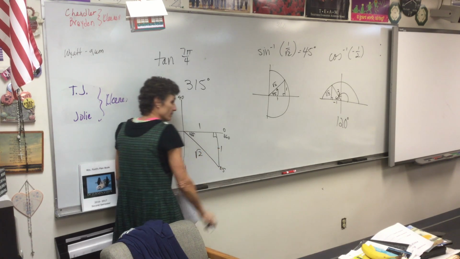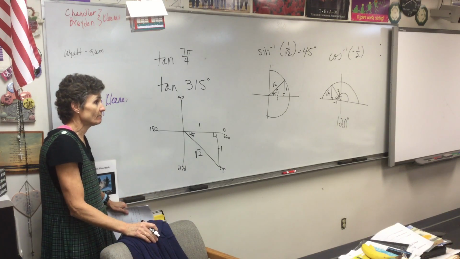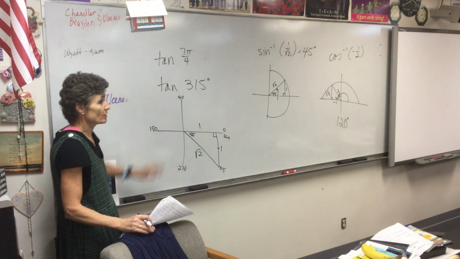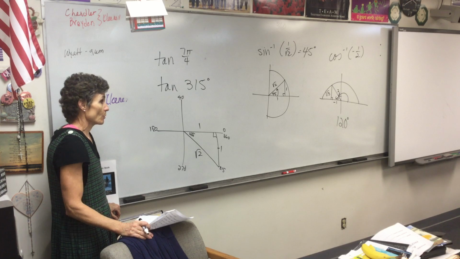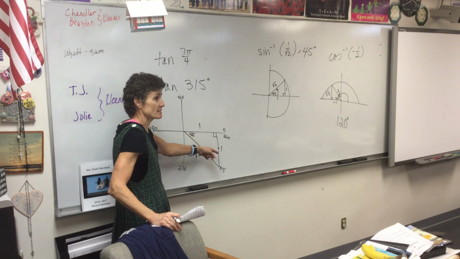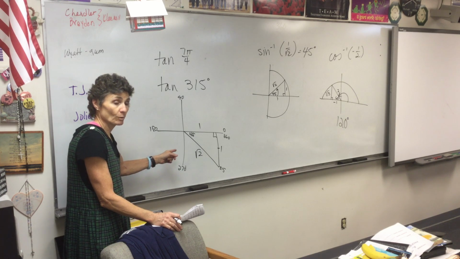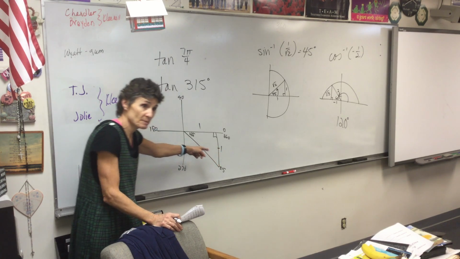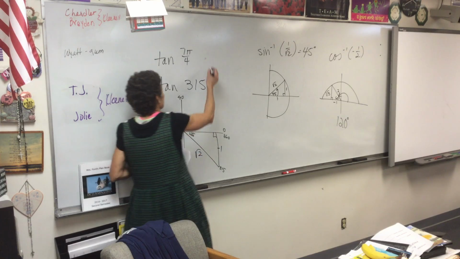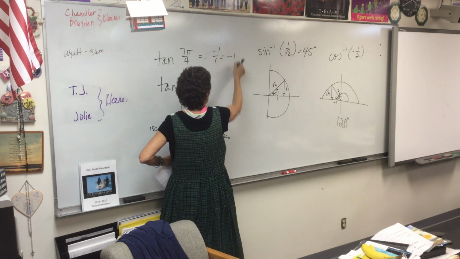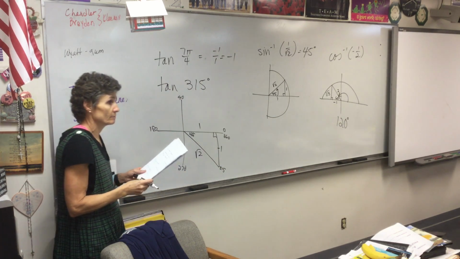They're going down, so that one's negative. Now we want the tangent. So we look at our picture and see opposite over adjacent. Right, kids? Morgan, opposite over adjacent. So that would be negative 1 over 1, which is negative 1.